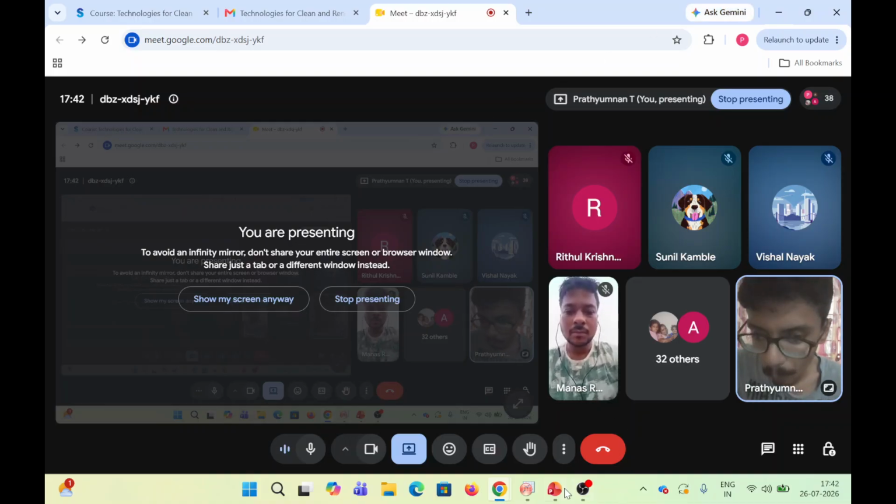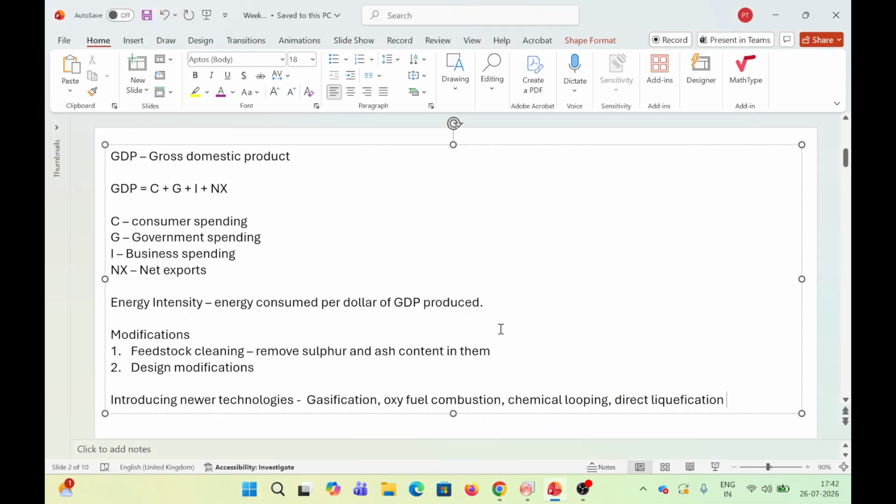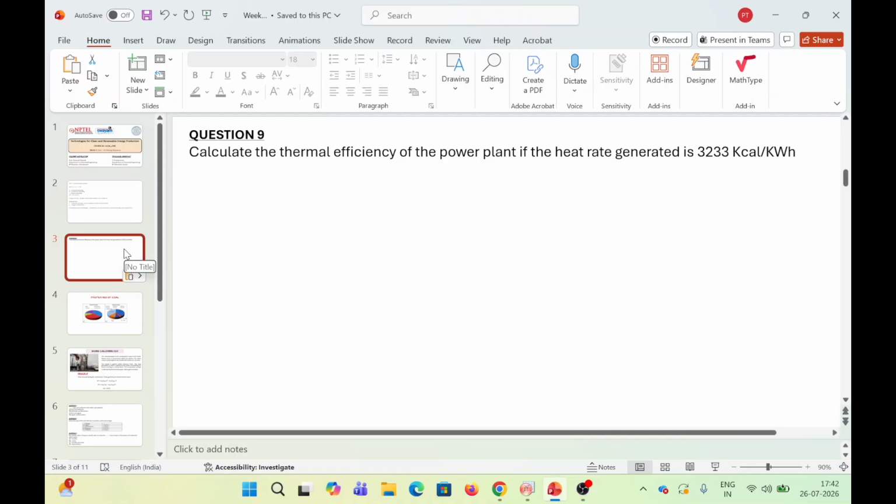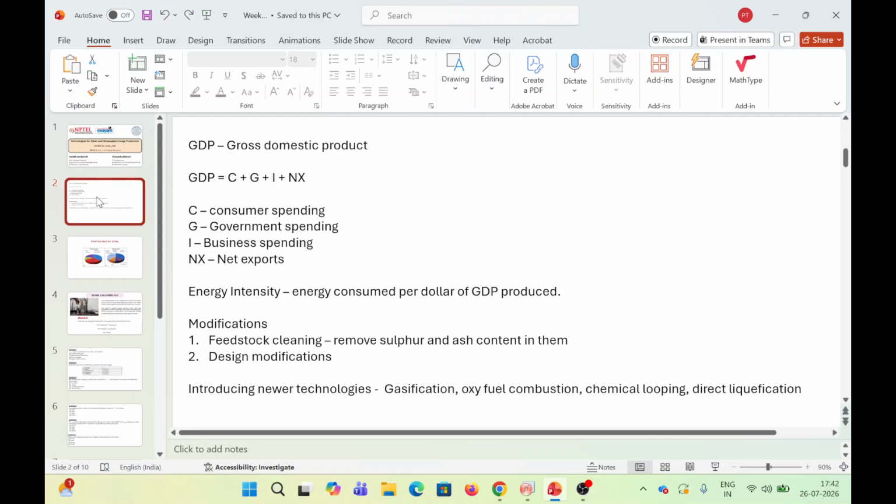Okay. So moving on, here we have discussed fossil fuels. Next, we move on towards how coal is used as a source of energy.